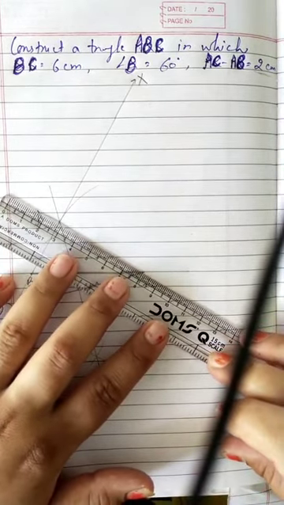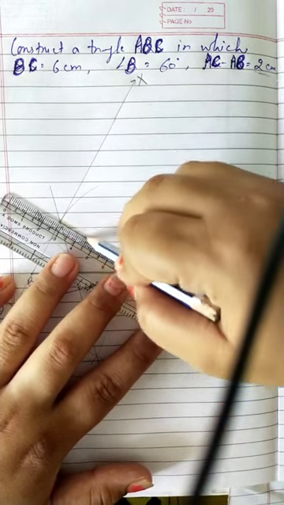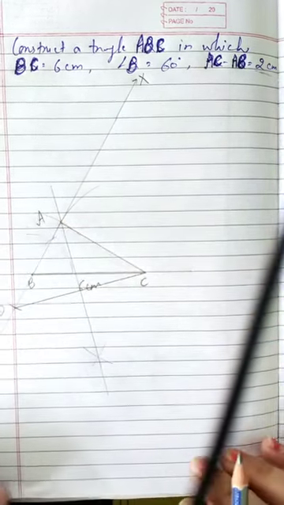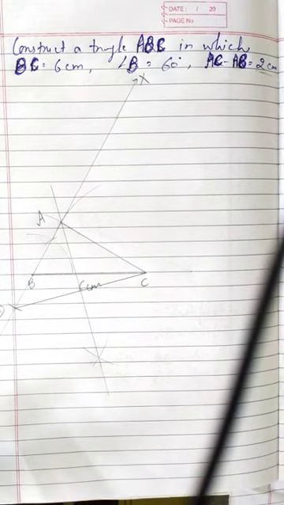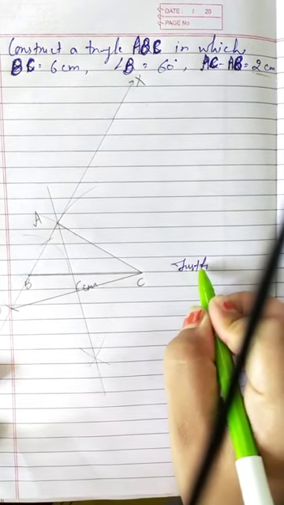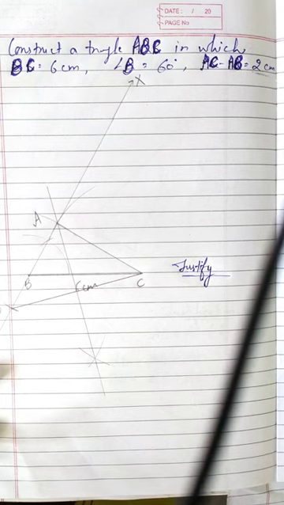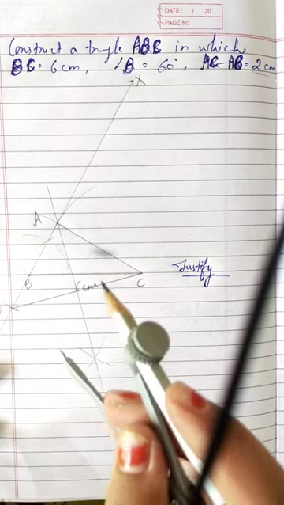Understood? Let me join AC. You can shade it or just simply write that ABC is the required triangle. Now the last step that is left is justification. So how to justify is, we have AD is equal to AC.